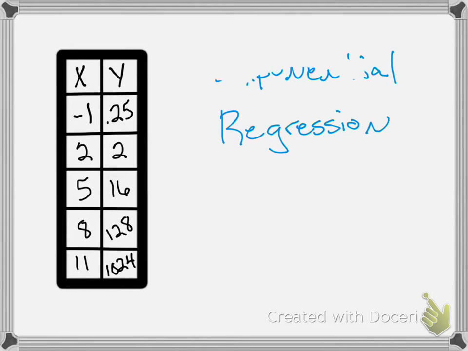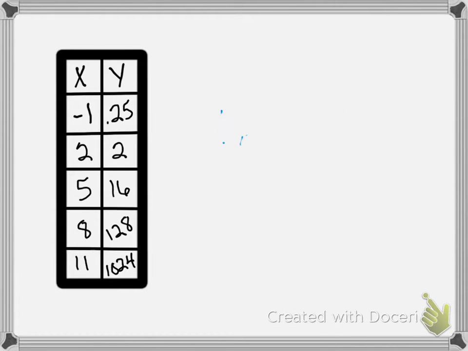So for these tables, the two tables we're going to look at in this video, what makes them different is that the x values are not changing by 1, okay? In this table specifically, the x values are changing by 3. It's important to recognize that because when the x values do not change by 1, you have to do something else to get your factor.